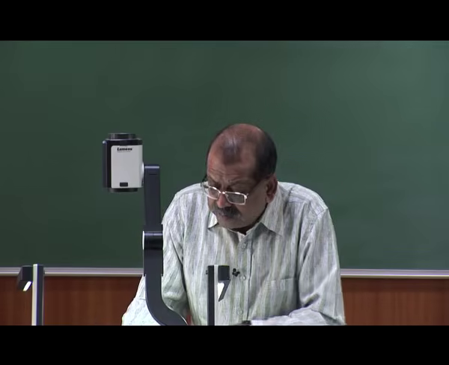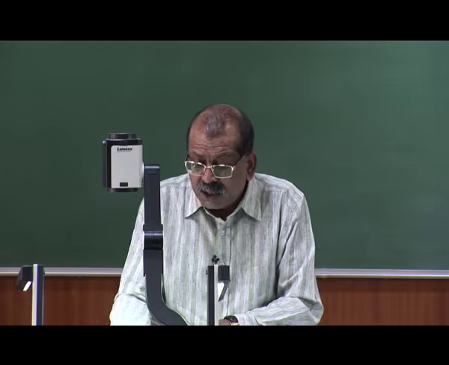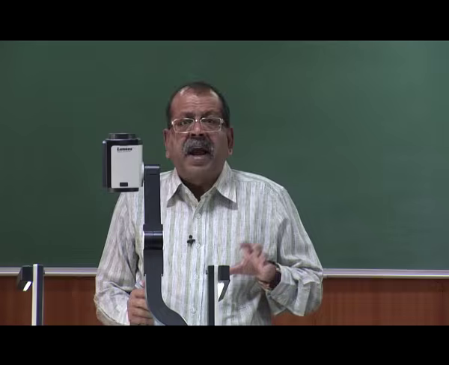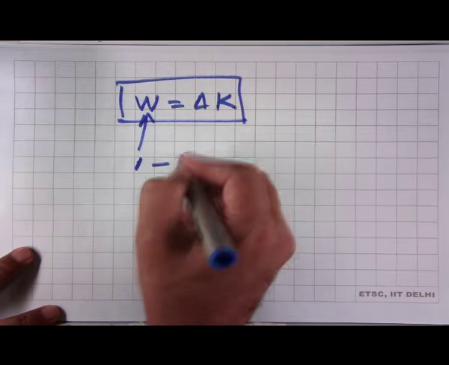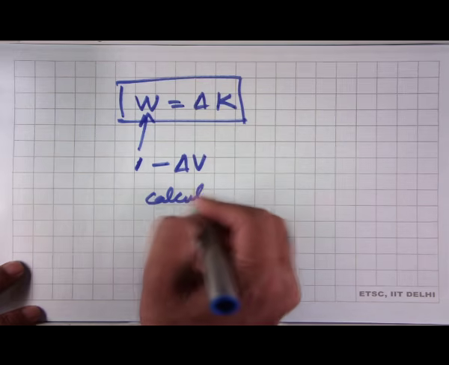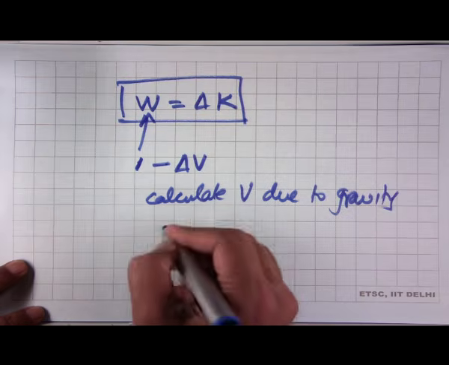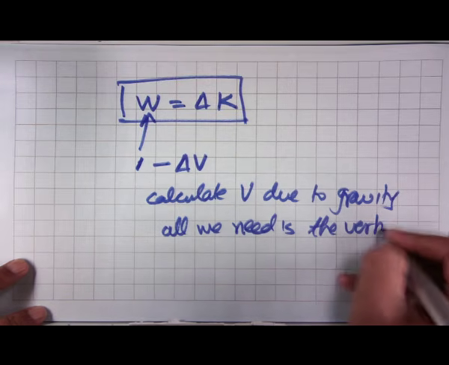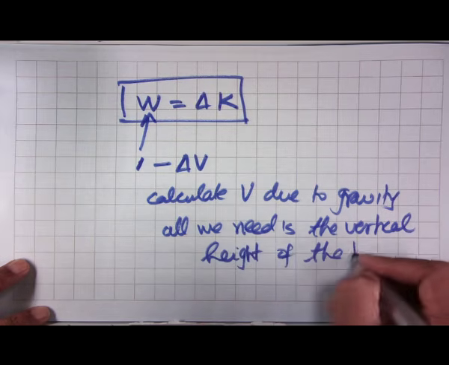See, our original equation of integrated form of Newton's law is W is equal to minus change in K. Now, if in a problem there is only gravity acting, then the work done by gravity can be written as minus the change in potential energy, and to calculate V due to gravity, all we need is the vertical height of the body.